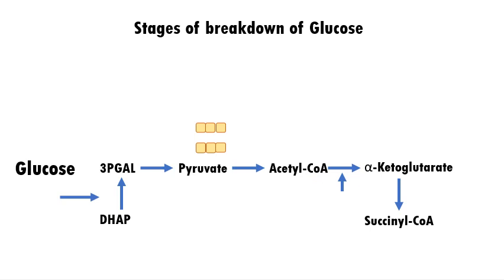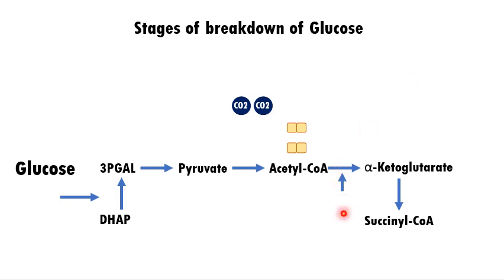To become a 2 carbon compound, the pyruvate loses a carbon in the form of carbon dioxide, and acetyl CoA is a 2 carbon compound which is ready to undergo further reactions of the citric acid cycle.